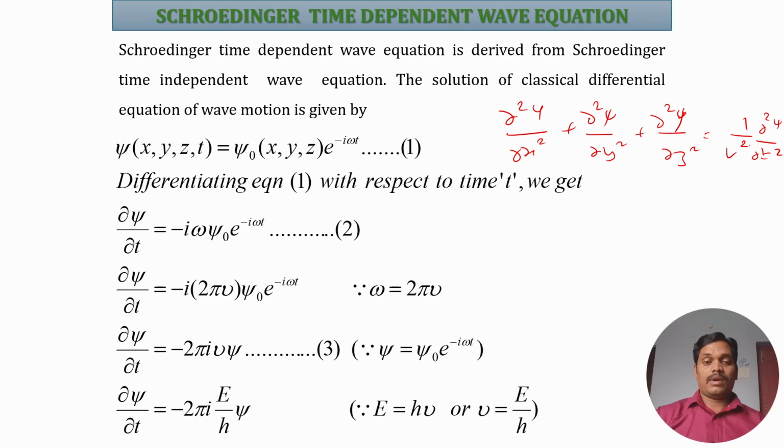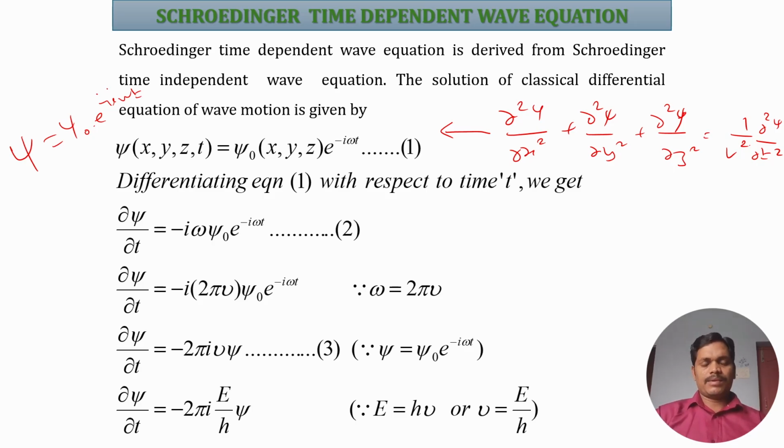The solution for this, we know, is psi equal to psi naught e power minus i omega t. Here x, y, z are the coordinates, t is the time, and omega is the angular frequency.